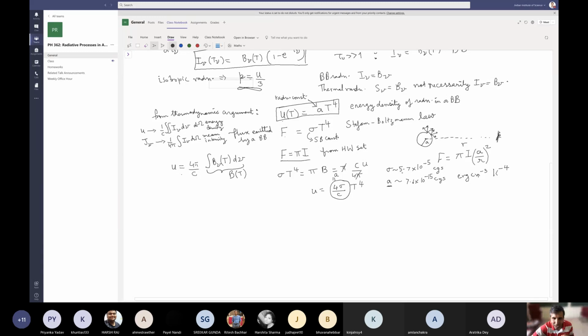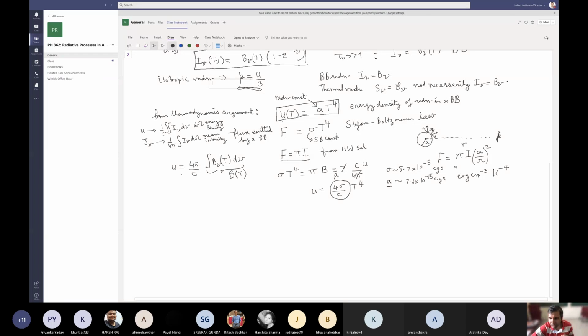And similarly, sigma: A and sigma are related like this, so there is an extra c. Sigma is A times c, so you just multiply this by centimeter per second.